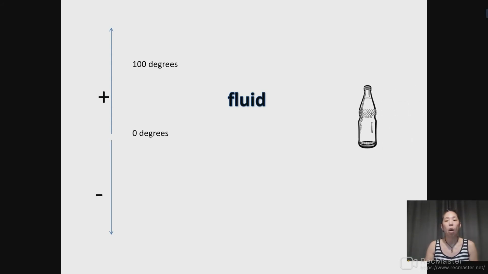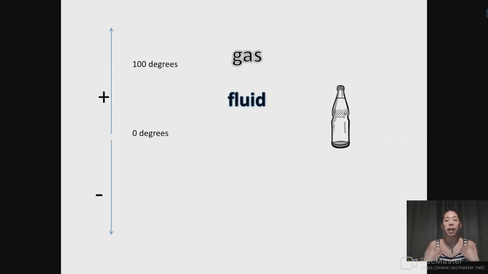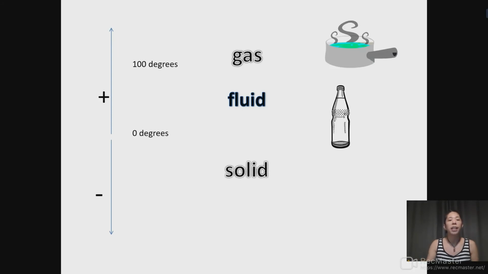If we make it hotter than 100 degrees, it starts to turn to a gas. And if we make it colder than 0 degrees, make it minus in temperature, then it becomes a solid, like the ice cubes. Okay?